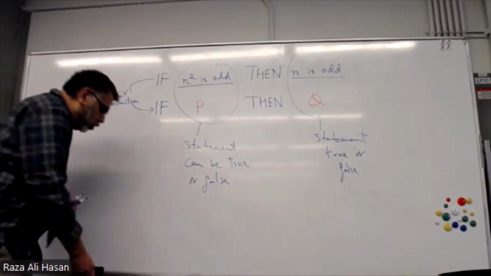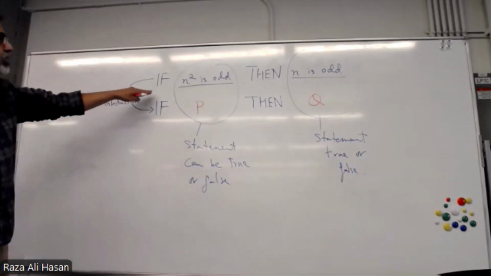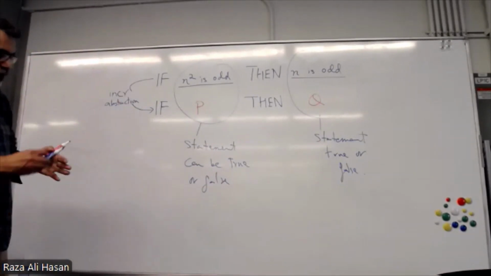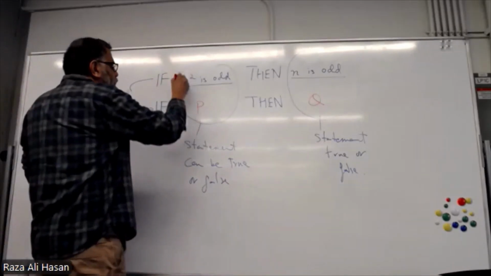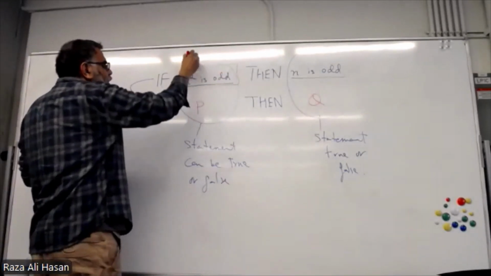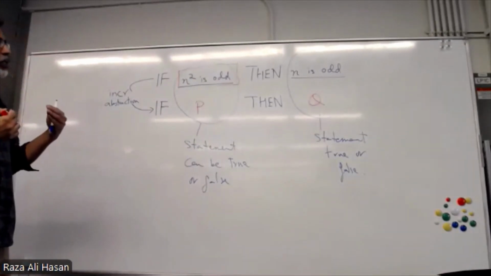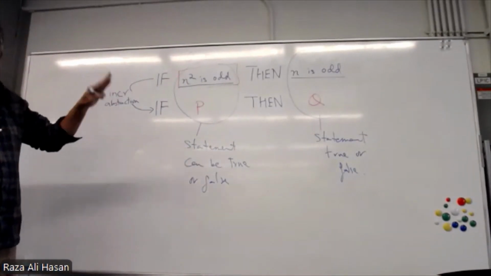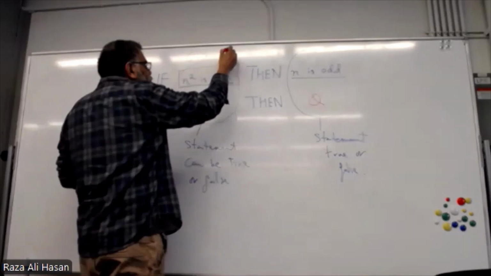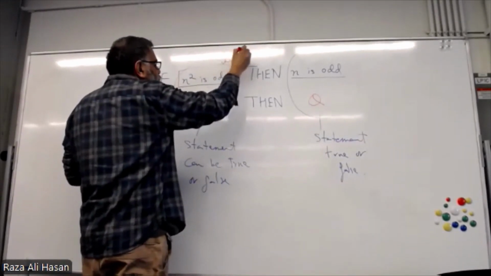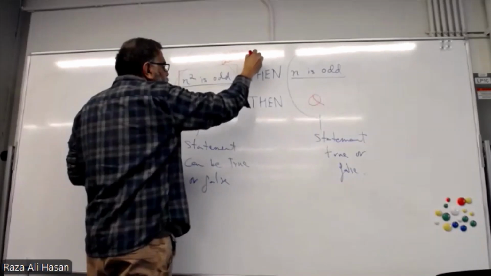So usually what happens is, remember I was saying this is a theorem we have to prove, this bit here, the P, is usually the given, taken, assumed to be true. So we usually assume this to be true.